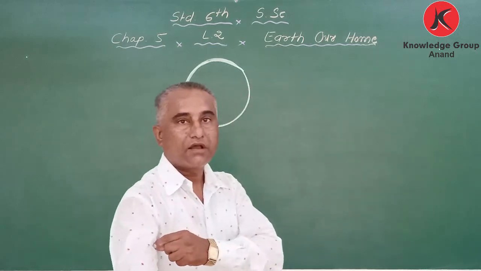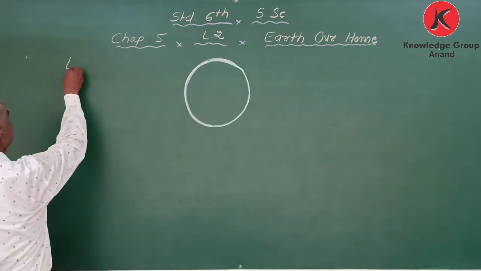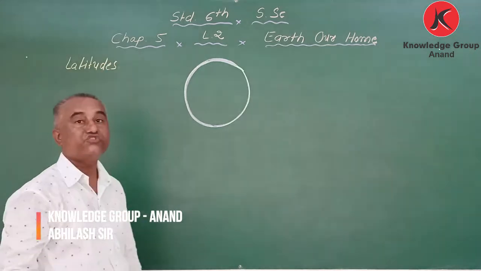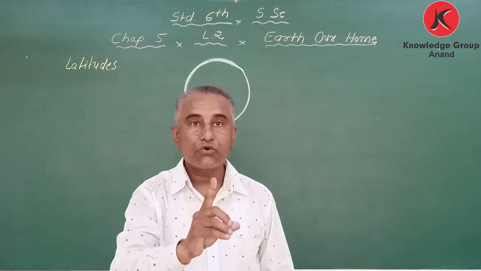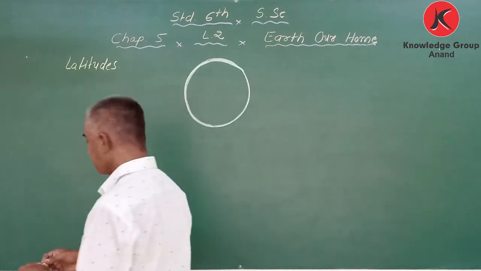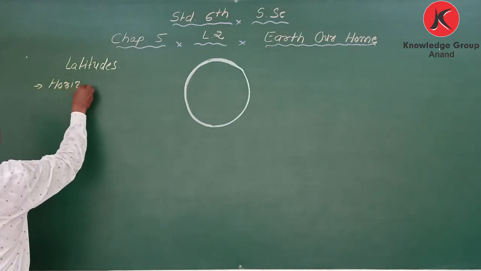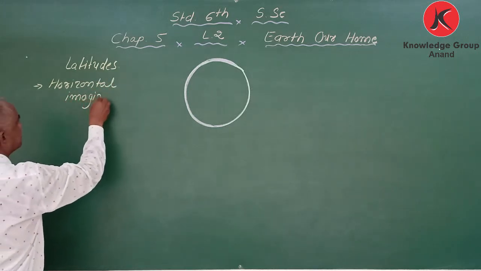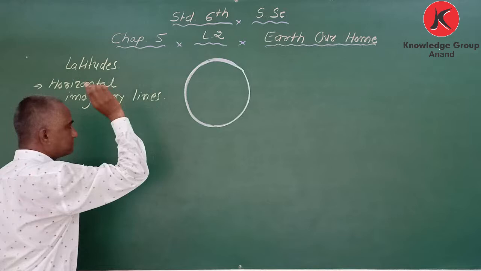Let me revise. What is called latitude? Horizontal imaginary lines drawn on earth are called latitudes.